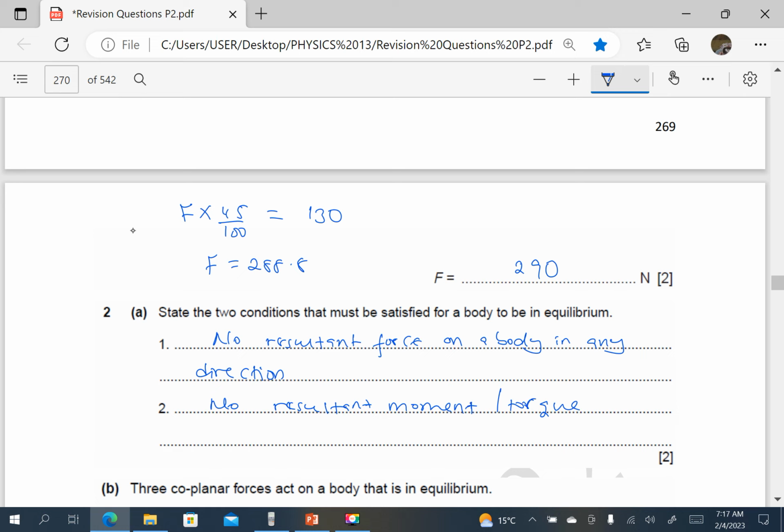There should be no resultant moment or torque for this body to be in equilibrium.